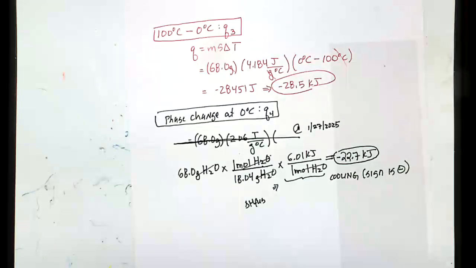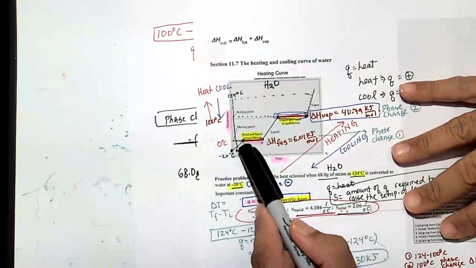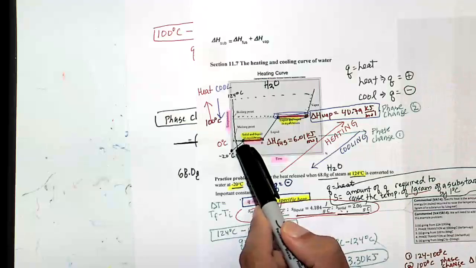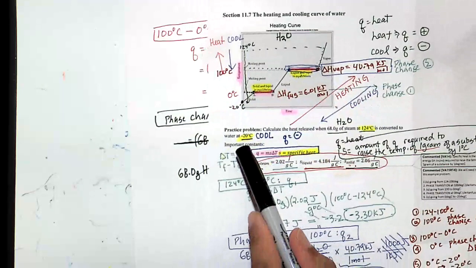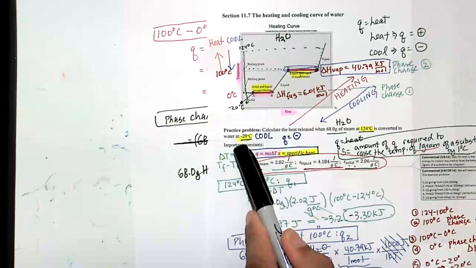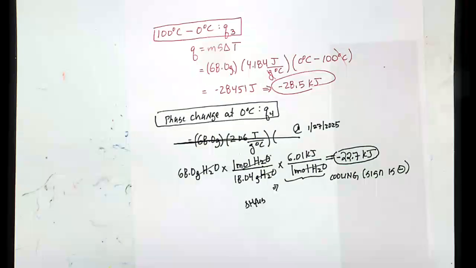Alright, now I got ahead of myself, but now we're at 0 degrees. We'll go to our final temperature. What's our final temperature? Minus 20. This is going to be Q5. What color should we use for that?